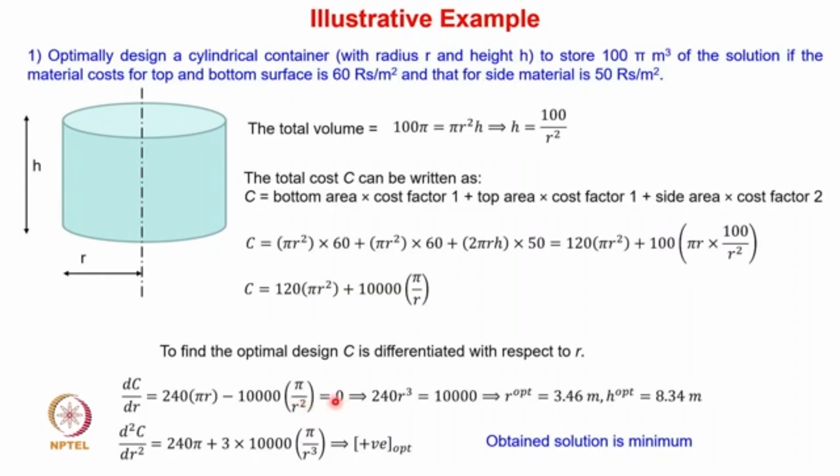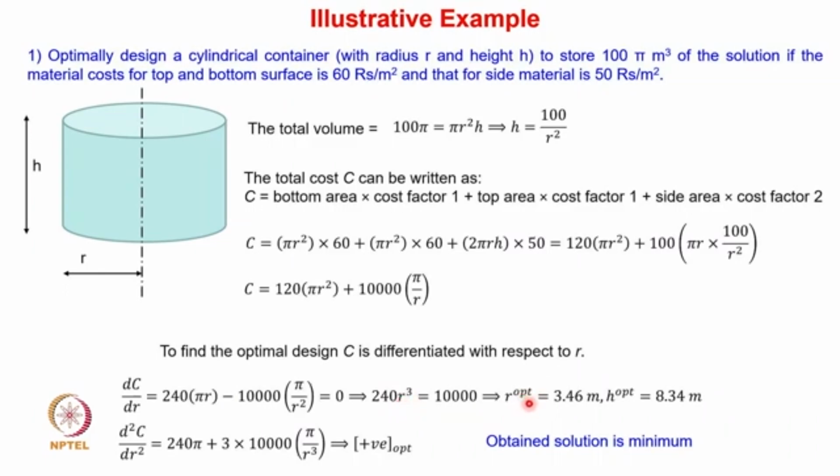If we equate this to 0, this pi will get cancelled out, and what we are going to get is 240 r, and this r square multiplied, so that becomes 240 r cube, and that should be equal to 10,000. So we can calculate the value of r.